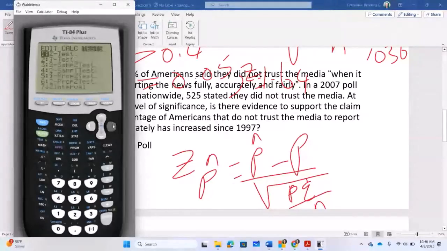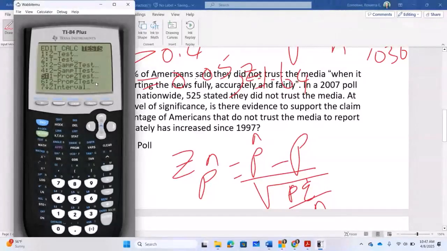Test. What am I testing? I am testing proportion hypothesis testing. So I will arrow down. It is one prop Z test because the conditions are met.